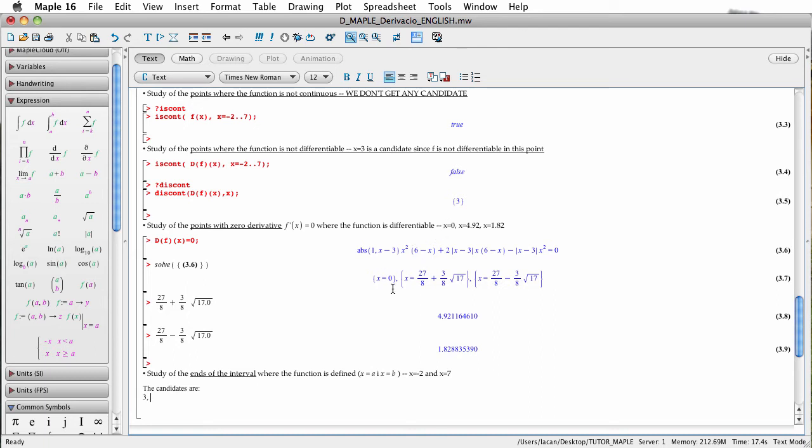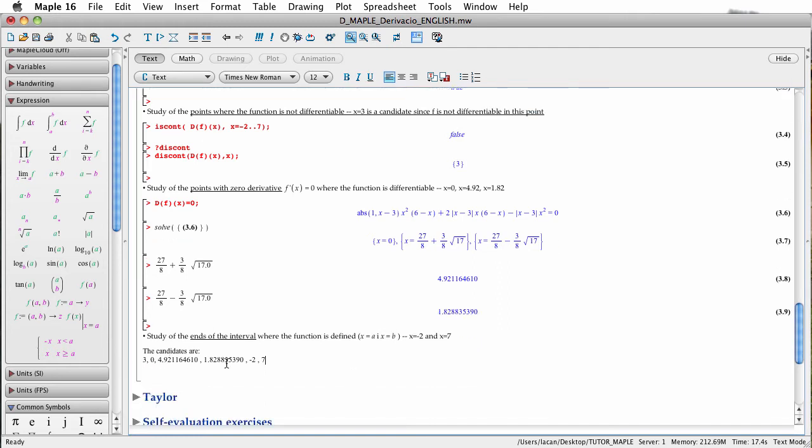Then we get 0, this one here, Control T, and this one here, and Control T. We also have -2 and 7. So we have 5 candidates, and now we should study if we have a maximum or a minima.